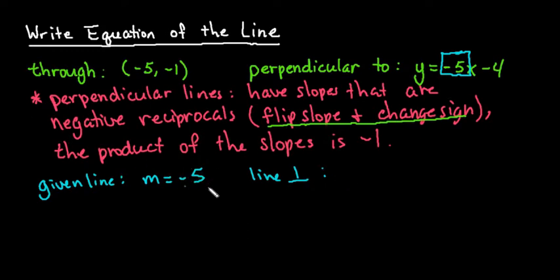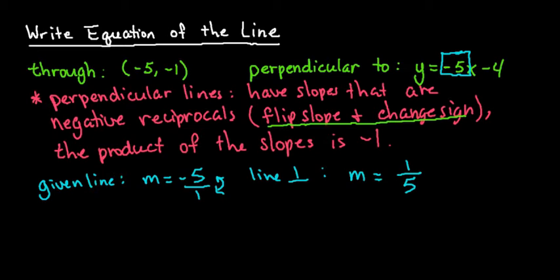Since this is really -5 over 1, we would flip this over, and our slope would end up being 1 over 5. So the negative reciprocal of -5 is positive 1/5. So we have to change the sign. If this was +5, then we would have a negative over here.